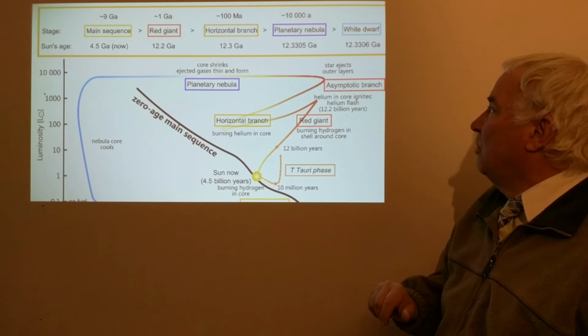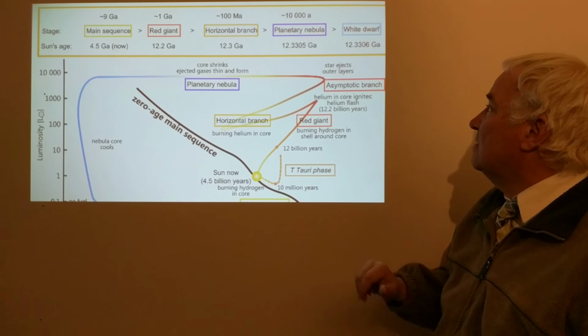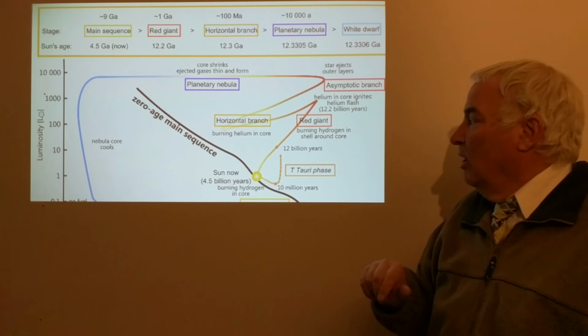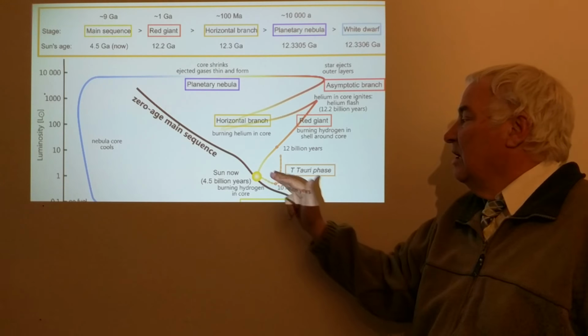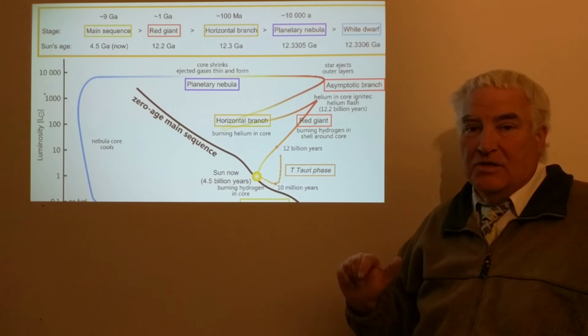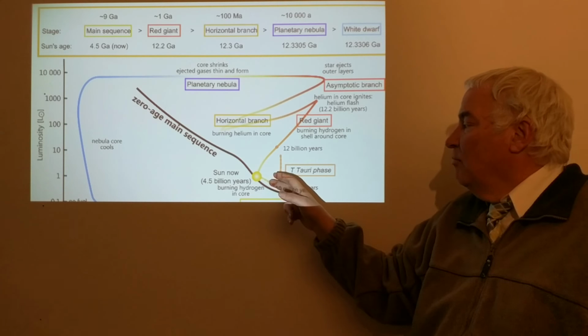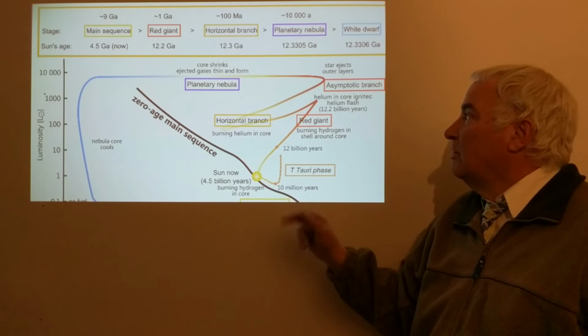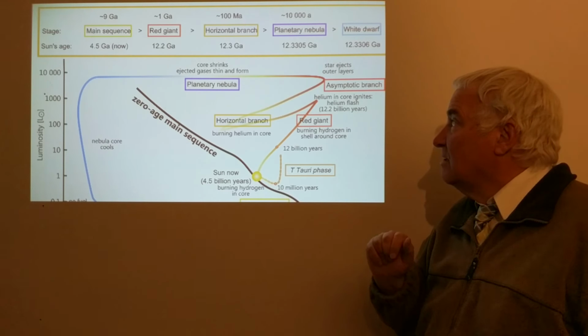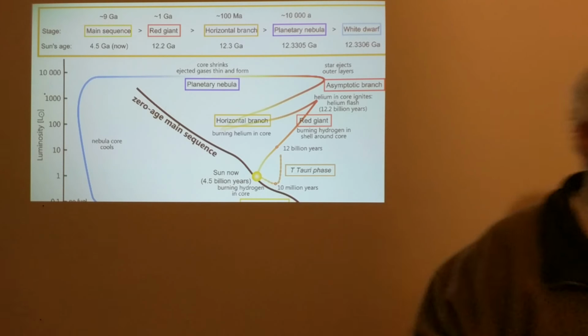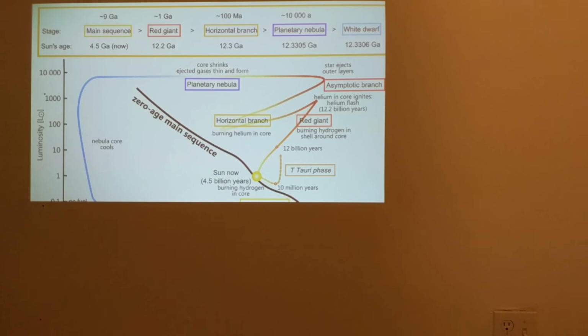At 12.33, the planetary nebula will be released, and then the core of the sun will be a white dwarf. And this is true for any solar mass star. Stars that have more mass than the sun will take less time, and stars that have less mass than the sun will take a longer time to go through these stages.